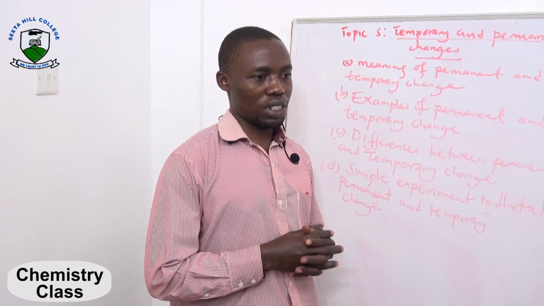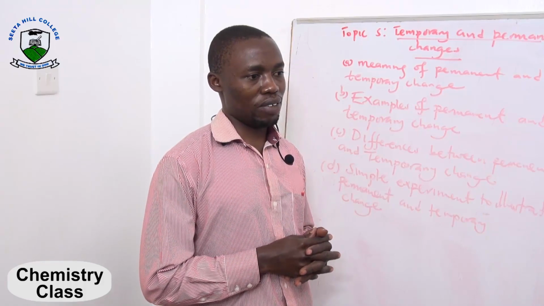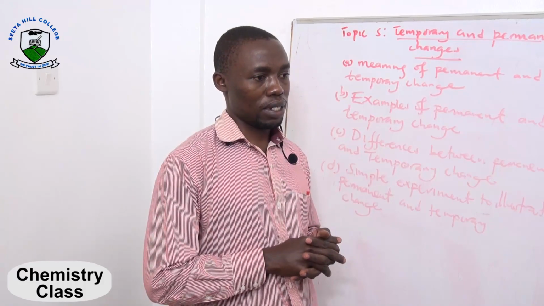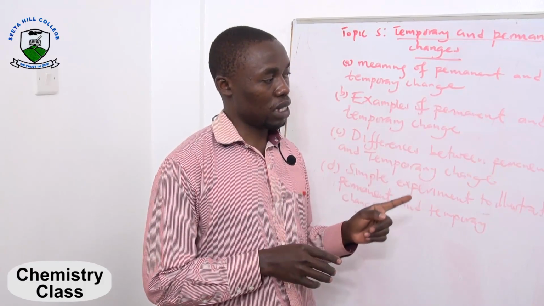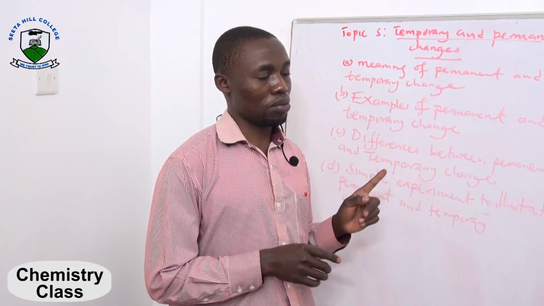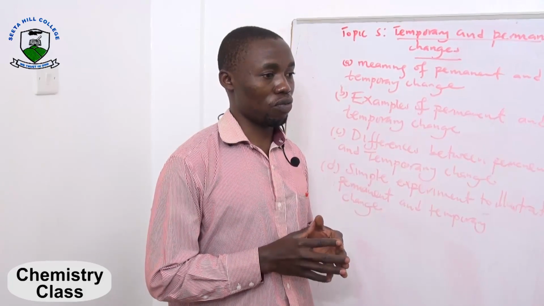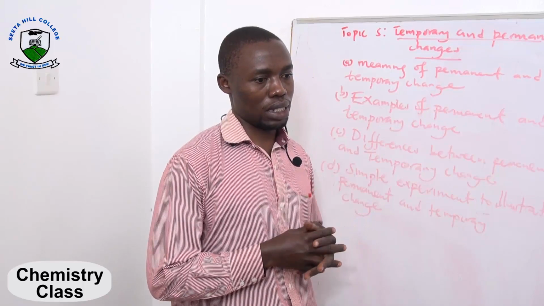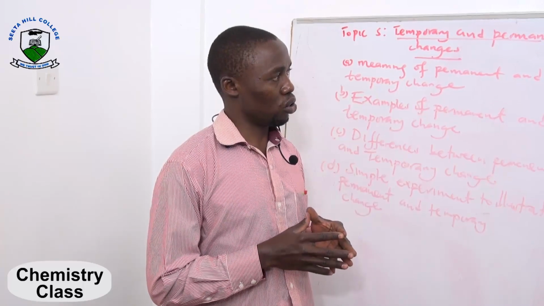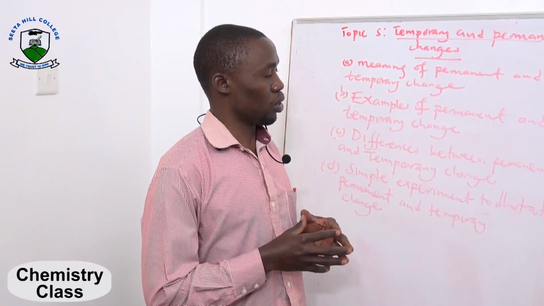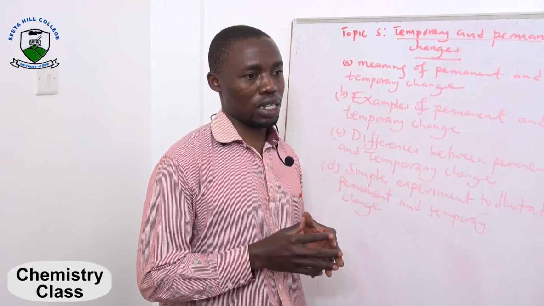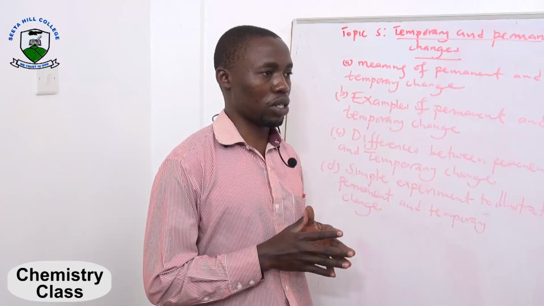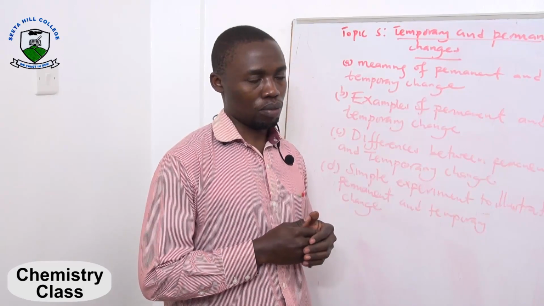Then we went to differences, and the key difference that became very critical was the one of energy. We've seen that for a chemical change to take place, there must be an input of energy in form of heat. Either you apply heat or you lose heat. Then we also saw that a chemical change involves a chemical reaction, which involves an equation called a chemical equation.